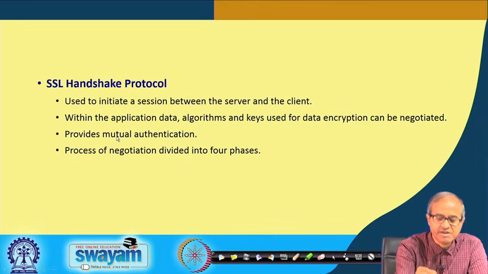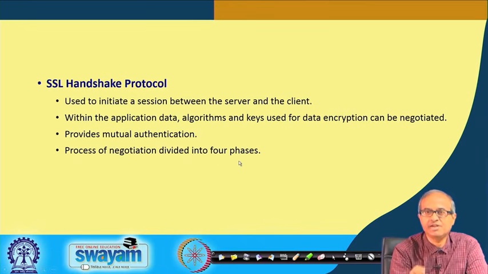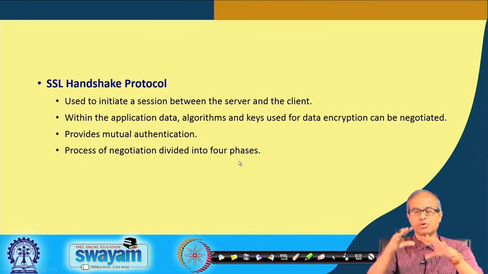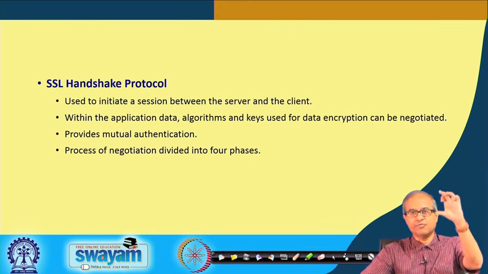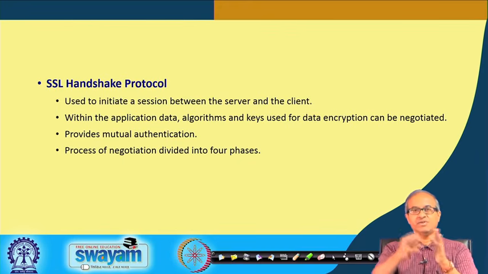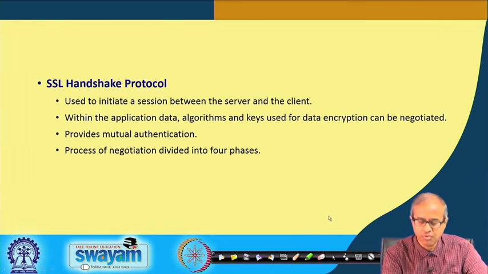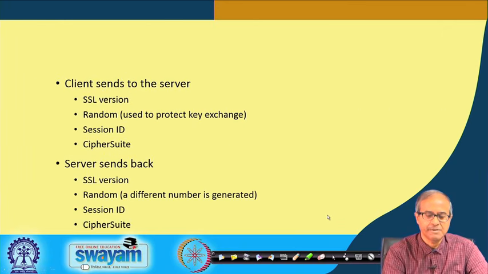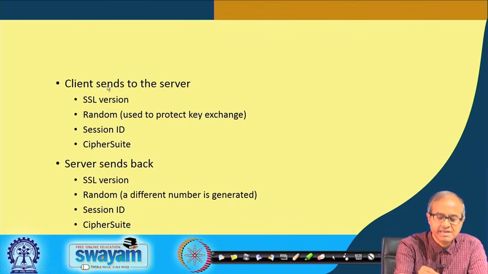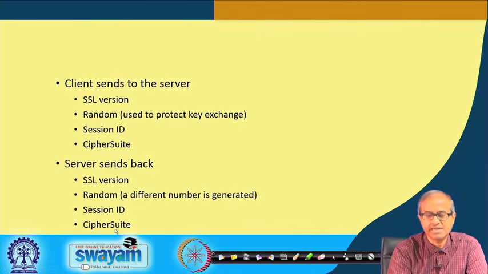Now, this process of negotiation is actually divided into 4 phases. This handshake protocol is a little complicated. There are 4 phases through which this handshaking will be going on. Very briefly, we will show you what these 4 phases are, but the thing is that the client will send something to the server and server will send something back to the client.